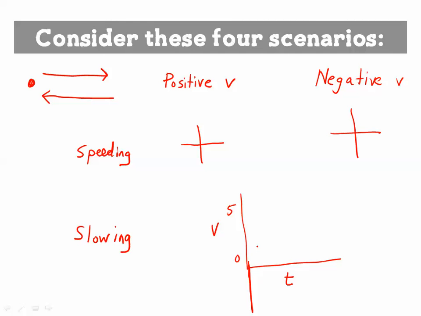And if it is actually speeding up, my negative values would be getting more and more negative. So it'd have something like this. Or I'm sorry, I made a mistake here.